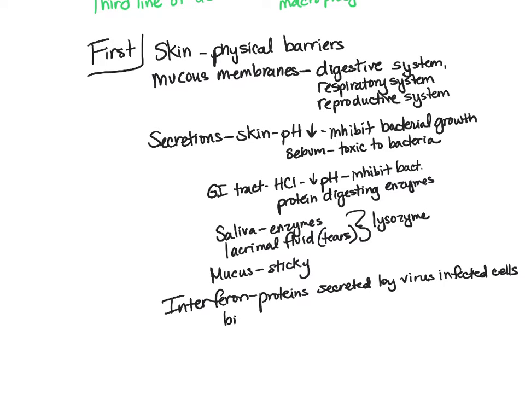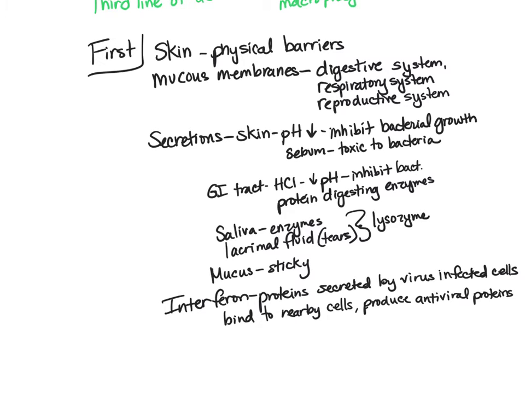Then they will bind to nearby cells, which then produce antiviral proteins. And so then they hopefully will not get infected. So this is our first line of defense. So again, our physical barriers, our skin, our mucous membranes, and then those various secretions that we talked about, including the interferon.